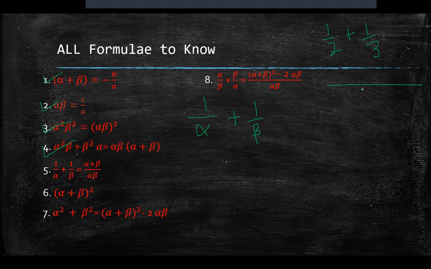6. 2 into 6, 3. 3 into 6, 2. So my answer would have been 5 on 6. Same idea here. Alpha and beta, what's my LCM? Alpha beta. Alpha into alpha beta, what would I put here?